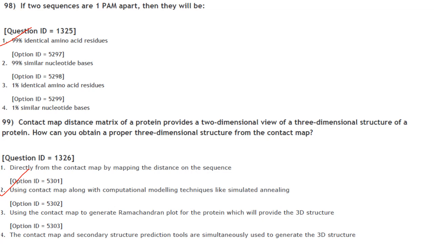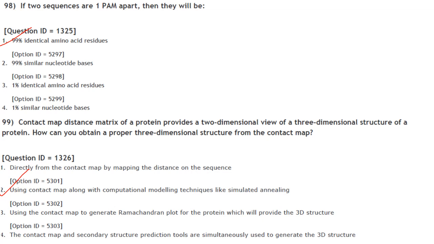Next one. The contact map distance matrix of a protein provides a two-dimensional view of a three-dimensional structure of a protein. How can you obtain a proper three-dimensional structure from the contact map? So contact maps provide a more reduced representation of protein structure than its full 3D atomic coordinates.